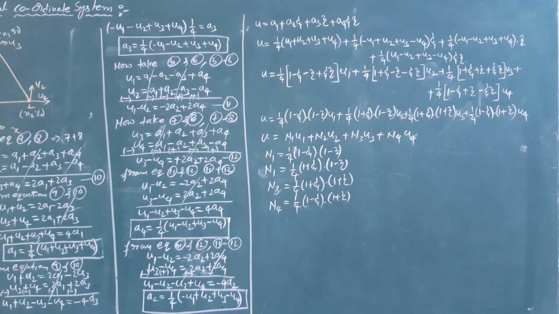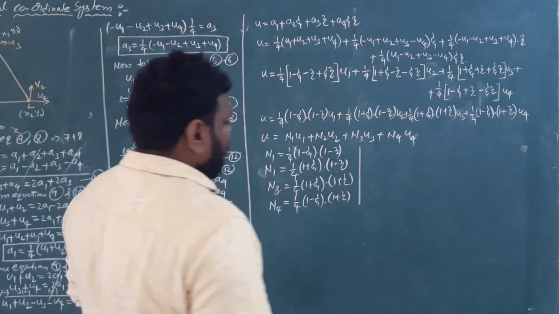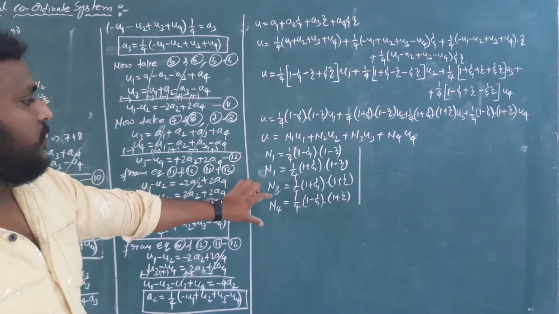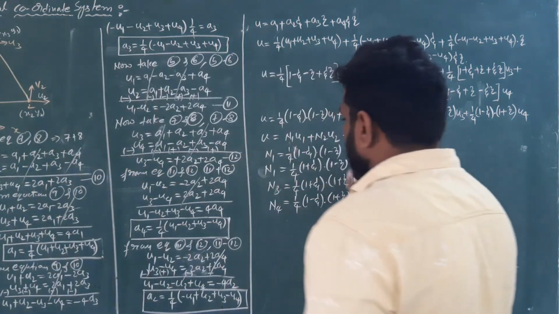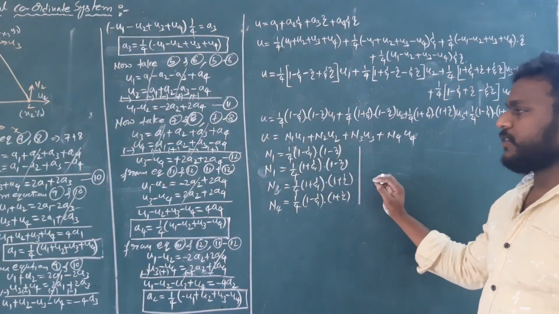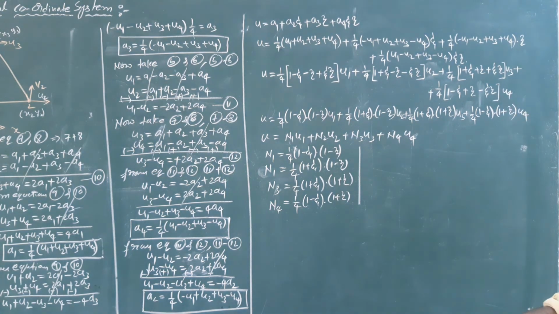So these are the shape functions we got. We have to derive these shape functions, and they are very essential to find nodal displacements for a 4-noded quadrilateral element.